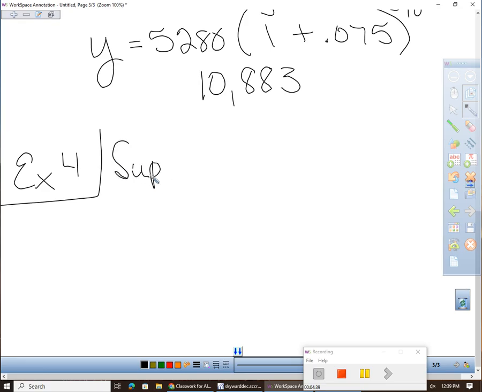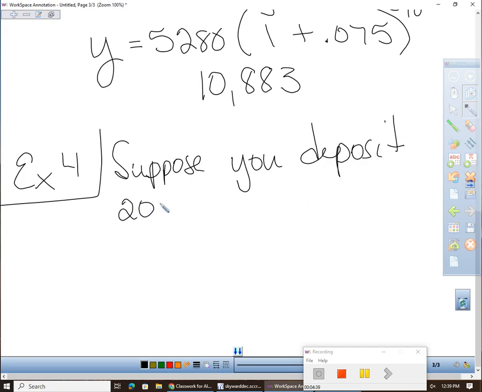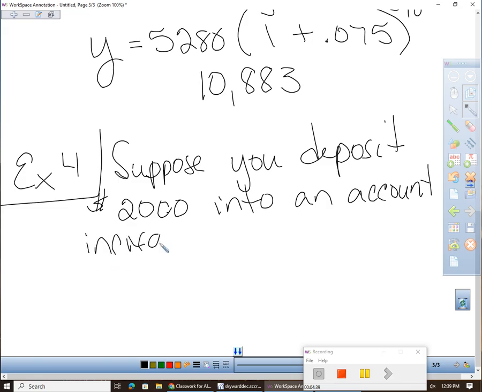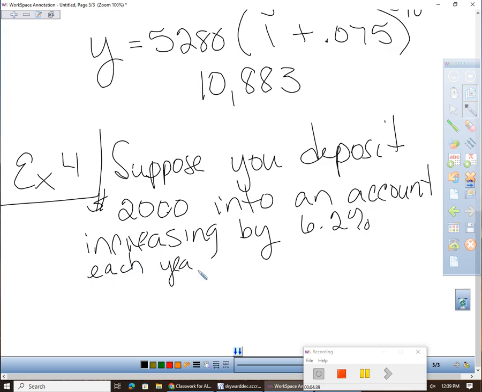Suppose you deposit $2,000 into an account increasing, that's an E, by the way, by 6.2% each year. How much in 12 years?